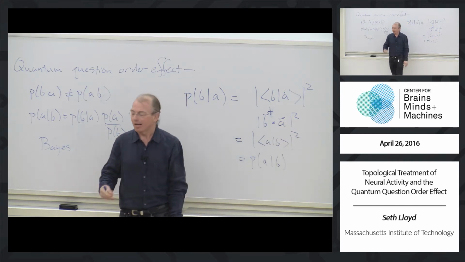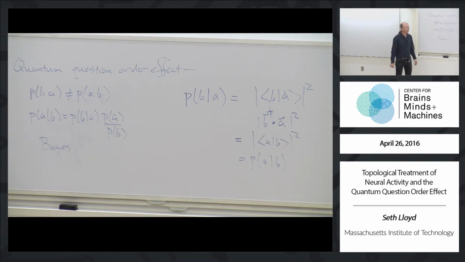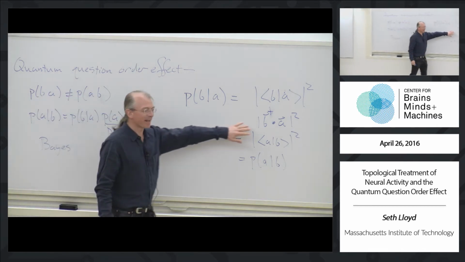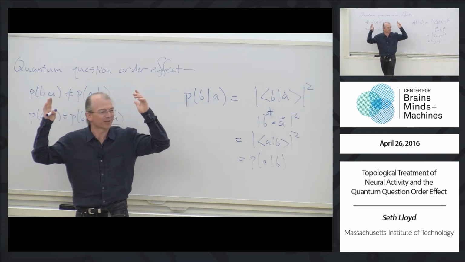And I'm going to make a proposal, which I have no idea if it's true or not, that maybe what's going on is that these vectors describe topological states of the way that the brain functions. That's what I'm going to propose. And I don't know if it's true, okay? But anybody's welcome to come up with their own vectorial picture of brain function and to argue that, hey, these conditional probabilities should depend only on the inner product between these vectors.